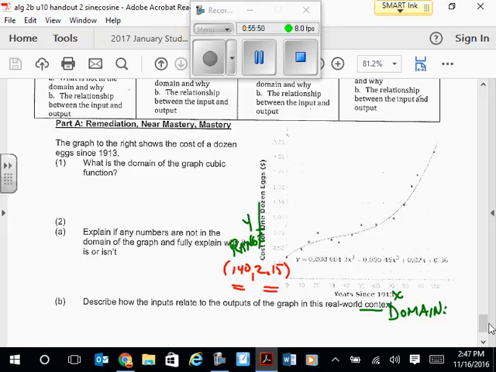The bottom row just tells you from the very beginning, 0, to 100 years. The domain just describes how much time has passed. So if I know at 50 years, I check the domain at 50. Oh, the price was whatever. If I go to 100, oh, the price was whatever. The domain tells me how much time has passed.